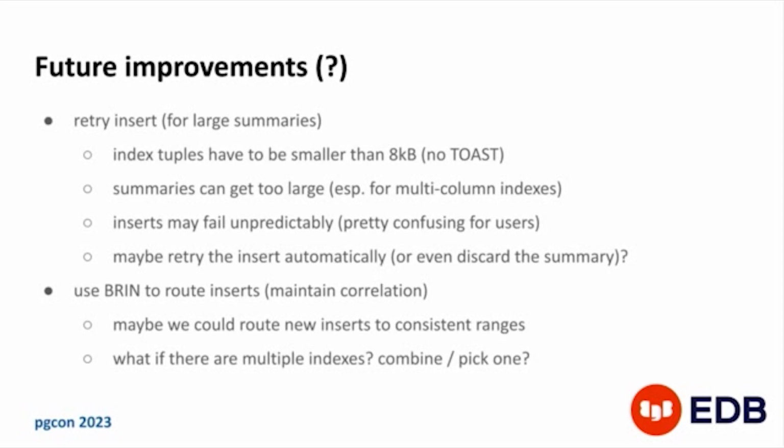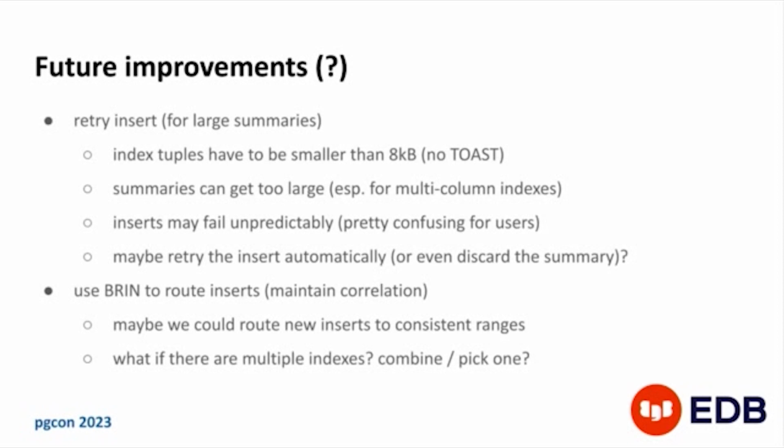The other idea, and I'm not sure how feasible that is, is actually using BRIN for routing the tuples into parts of the table. So for example, if you have a timestamp column and you have a BRIN index on that, you probably do want to keep the data more or less correlated to that. So maybe if you insert a new row or do an update, the position should be selected not just based on free space on the page, but also by looking for a part of the table where the timestamp in the BRIN index would fit nicely.